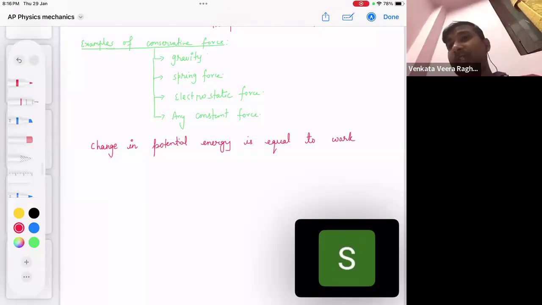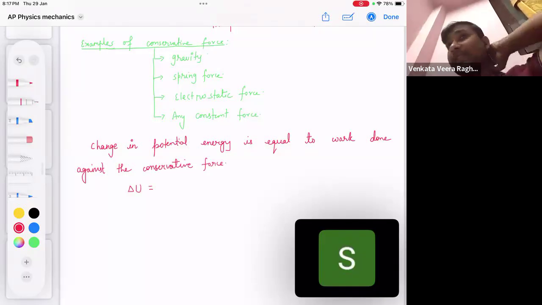So change in potential energy is equal to work done against the conservative force. In symbolic form, you can write it as delta U, where delta U is the change in potential energy.